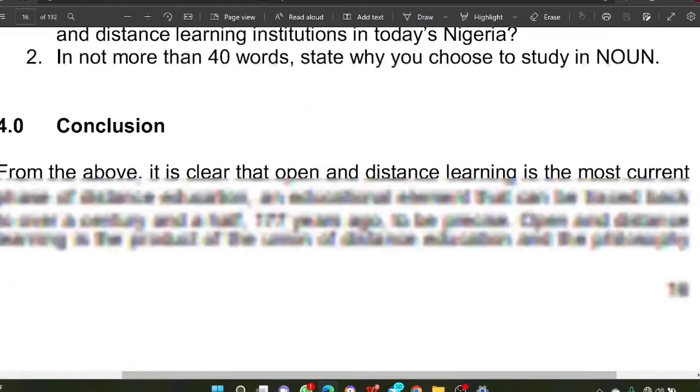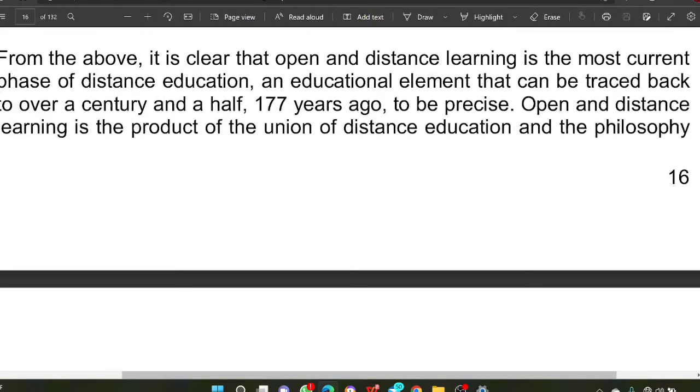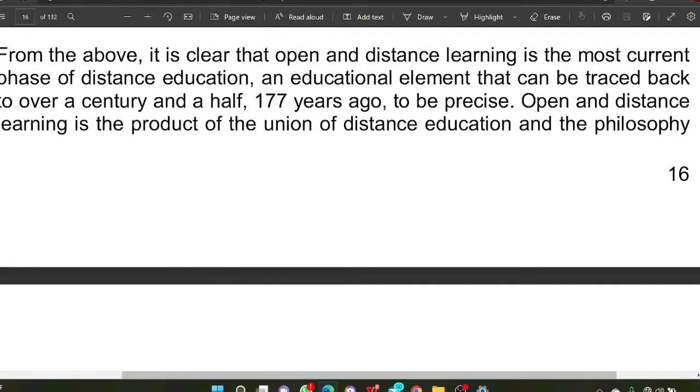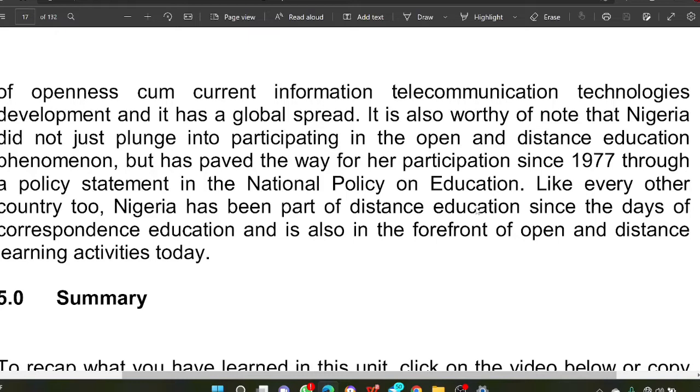So we have the conclusion. From the above, it is clear that open and distance learning is the most current phase of distance education, an educational element that can be traced back over a century and a half. Open and distance learning is a product of the union of distance education and the philosophy of openness, combined with current information and telecommunication technologies development, and it has a global spread.